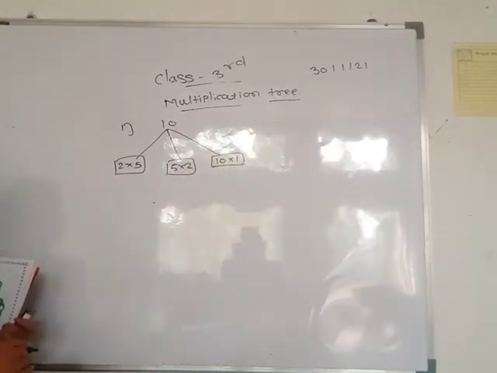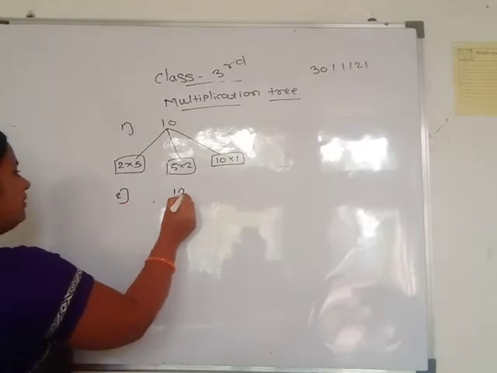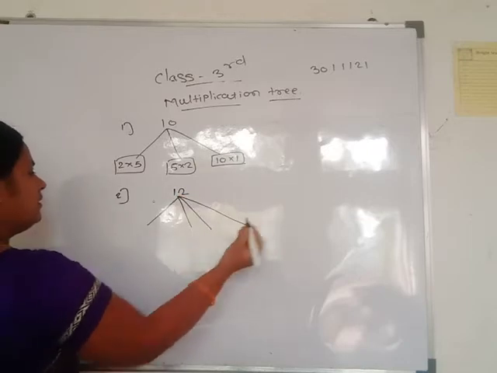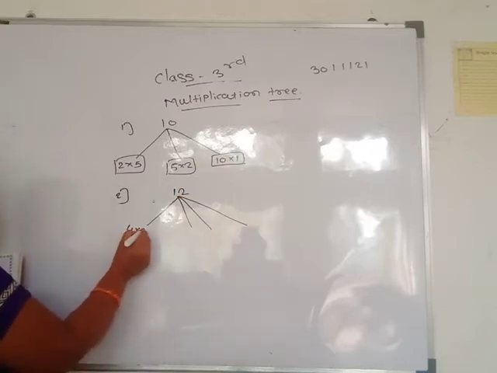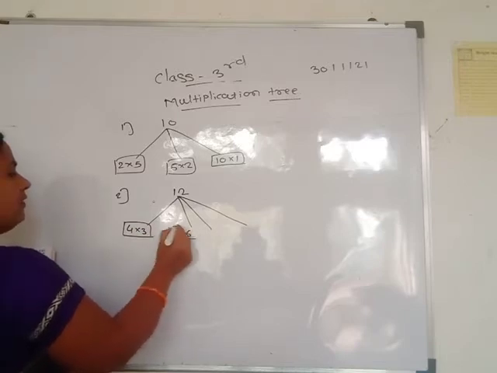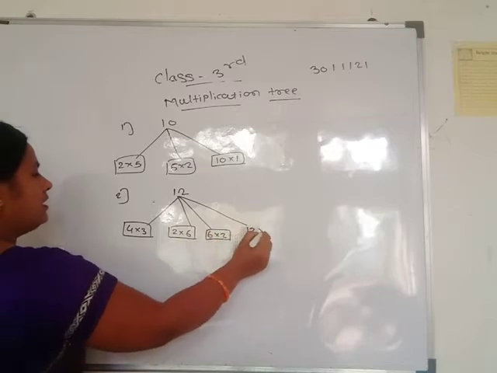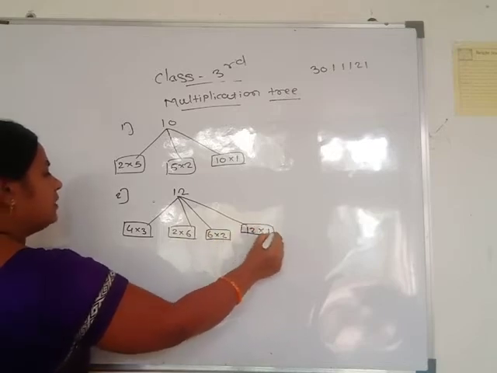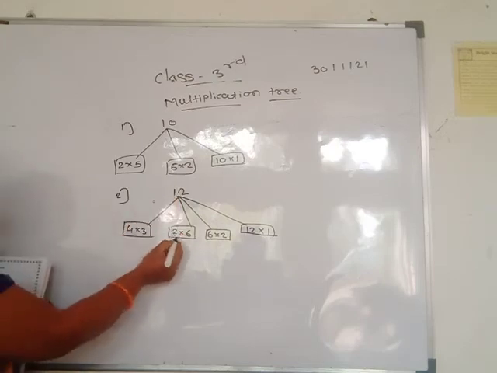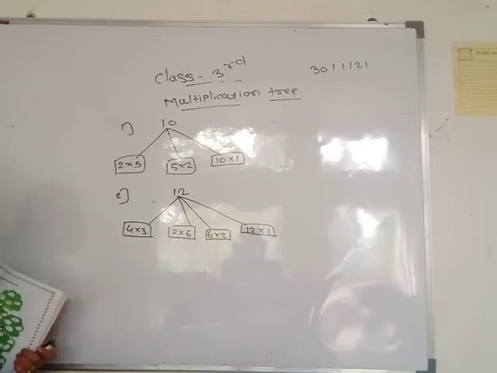In this way you write here. Then the second one you see here is 12, then 4 threes are 12, again 2 sixes are 12, 6 twos are 12 and 12 ones are 12. See the multiplication of these numbers: 4 threes are 12, 2 sixes are 12, 6 twos are 12 and 12 ones are 12.